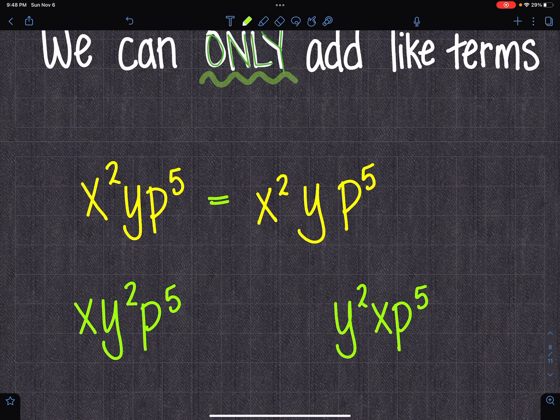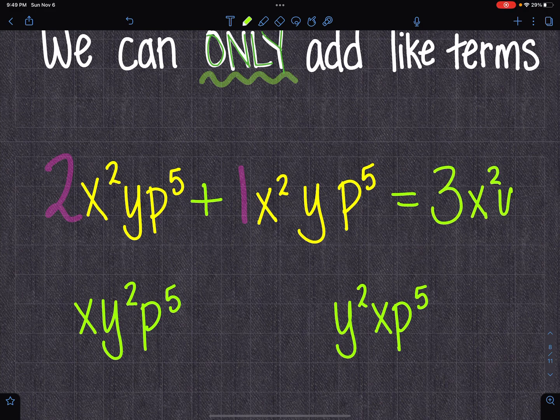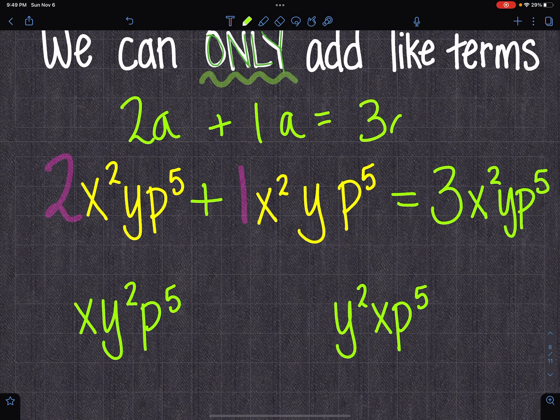So this is a like term, and if they had a number in front of it, like a 2 and a 1, then you could add them together and get 2 plus 1, and it would be 3 times this complicated term. But you keep the complicated term the same, because it's just like saying 2a plus 1a is 3a.